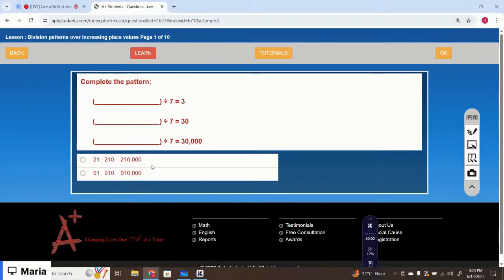That is option number one. It would be 1,210 and 210,000. So option number one is the correct option.